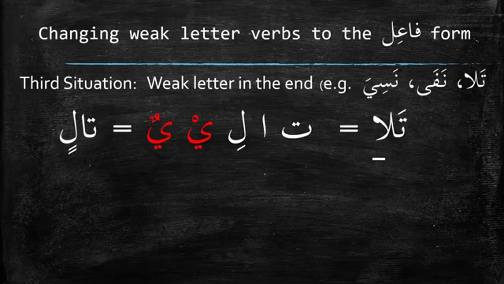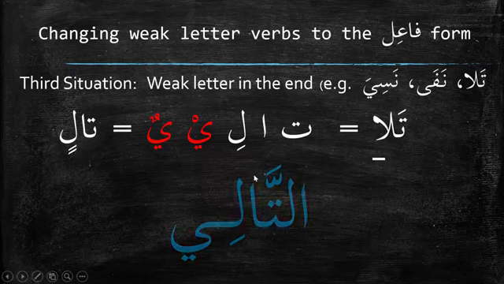And so because we cannot resolve that conflict, we drop the ya altogether, and we show the tanween on the lam, because the lam doesn't have a problem taking tanween and being elongated. Now, when we add the alif lam to the front of this word, so it was talin in the general form, when it was supposed to take the tanween.